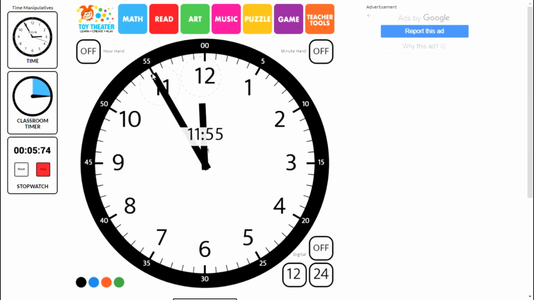Let me stop at 55. 11:55. 5 more minutes and you will have your lunch. It is still AM because it's not yet lunchtime. It's not yet noon. Remember that our noon is exactly at 12 o'clock. Even if the minute hand moves to 56, 57, 58, and 59, you will see that it is still AM.